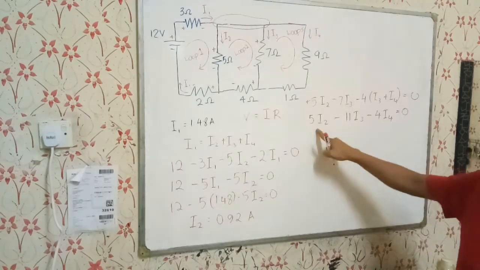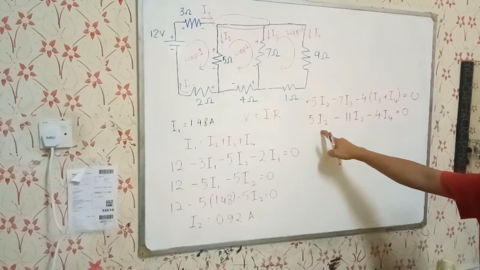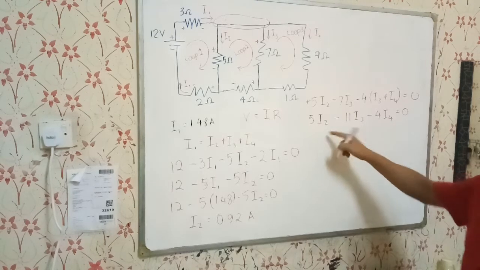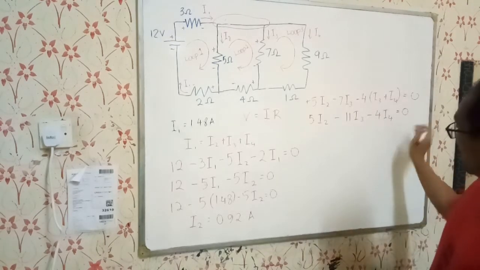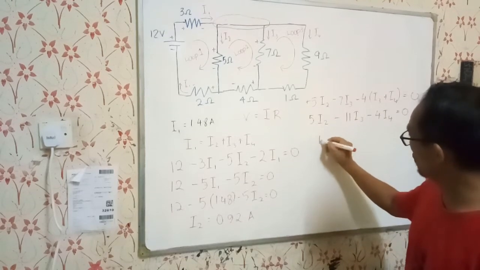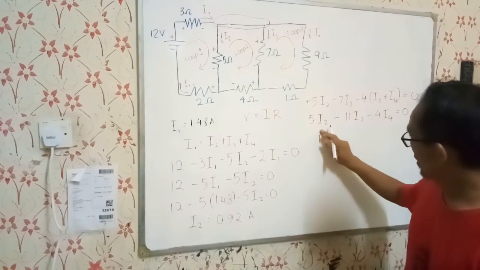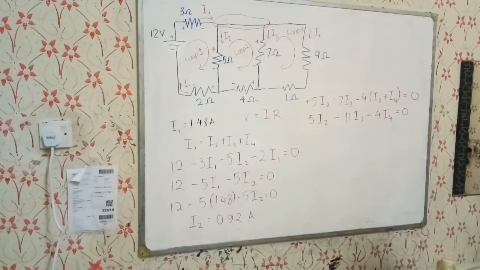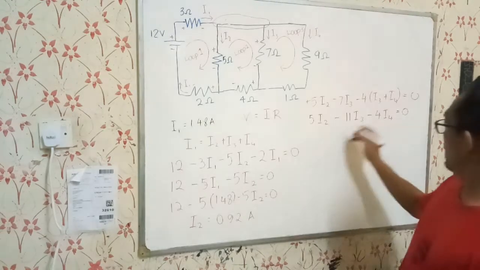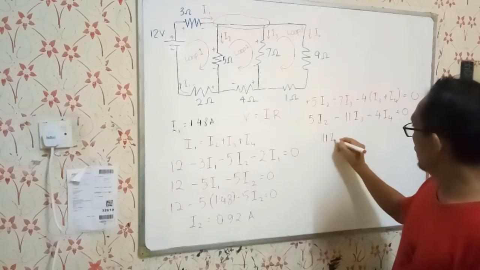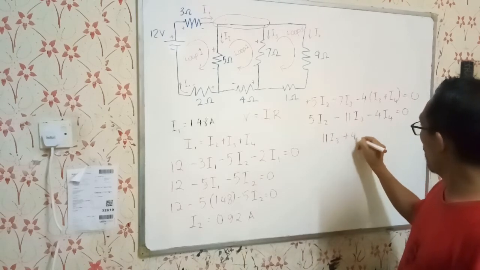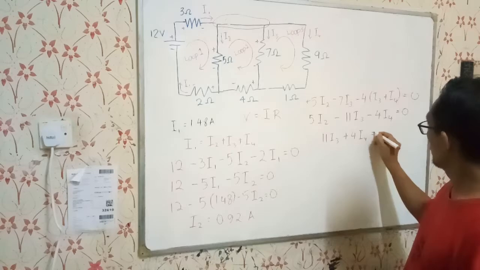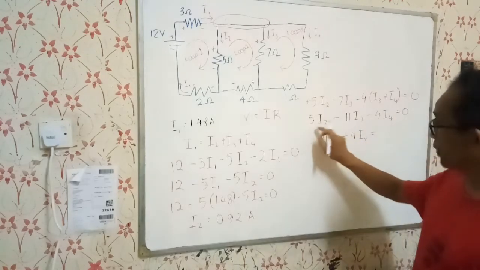And we already know what is I2, so we can replace that. We bring this to the other side and switch sides, so we have 11I3 plus 4I4 equal to positive 5 times I2.